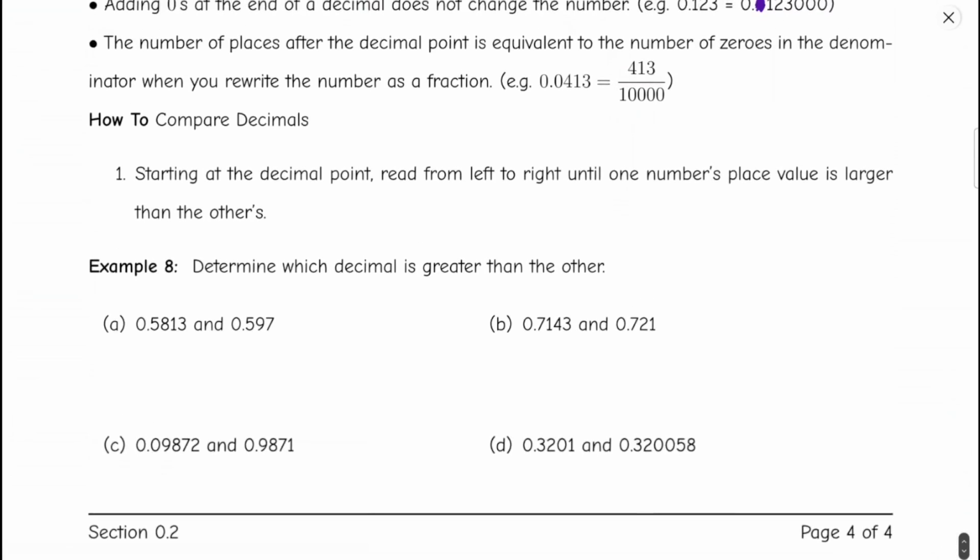Determine which decimal is greater. 0.5, 0.5, 0.58, 0.59. 9 is bigger than 8, so 0.597 is the larger. 0.7, 0.7, 0.71, 0.72. Since the 2 is larger than 1, 0.721 is the larger.